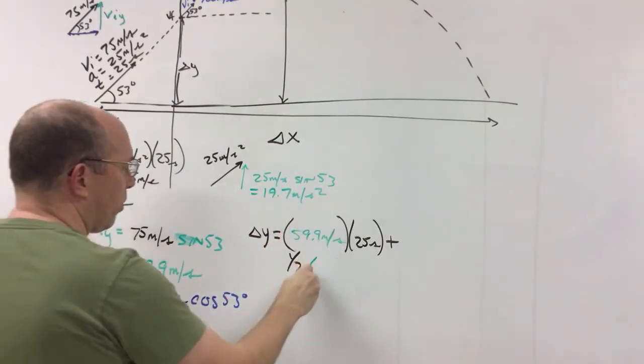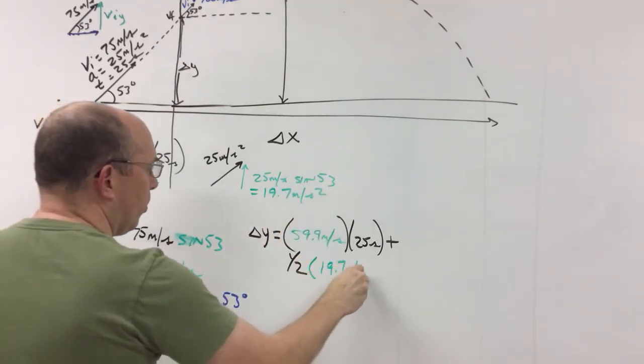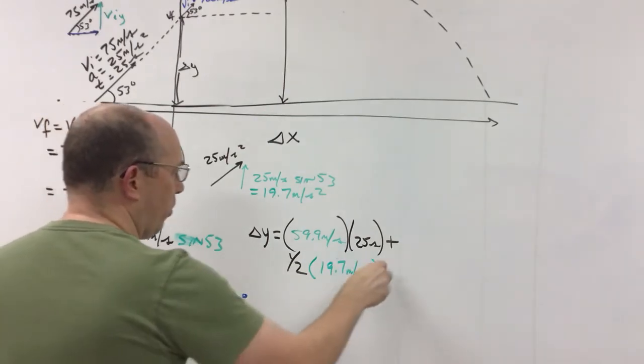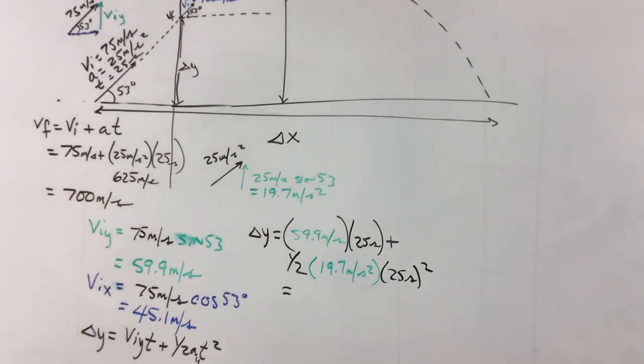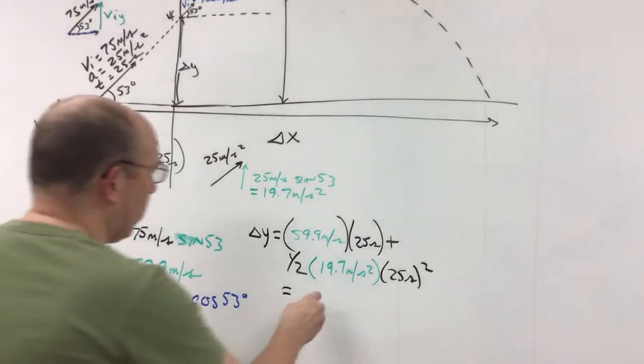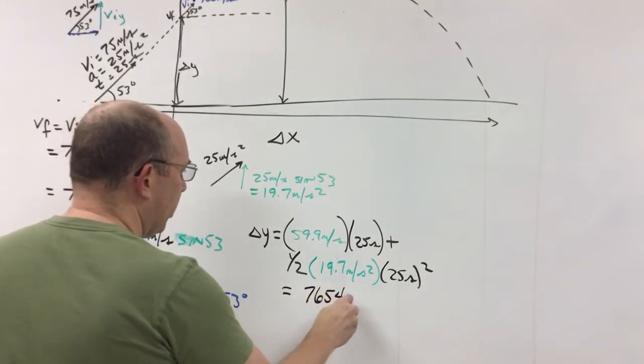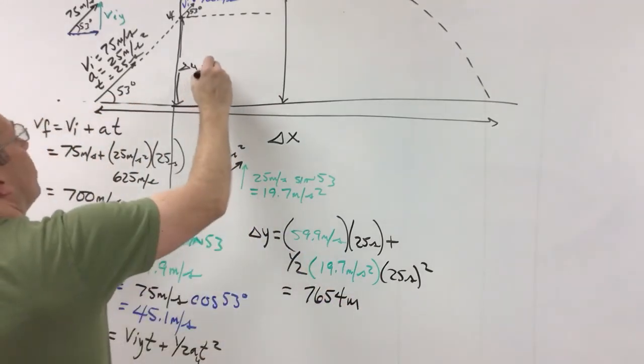Okay, so 1/2 of 19.7 meters per second squared times 25 seconds, all squared. I can work that through. That gives 7,654 meters, 7.6 kilometers.